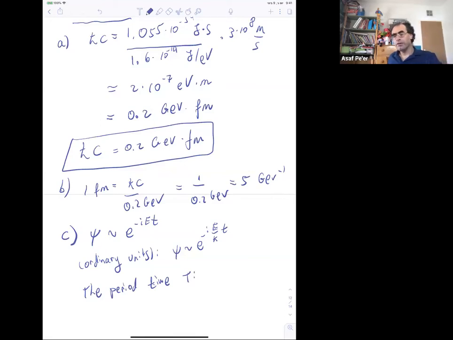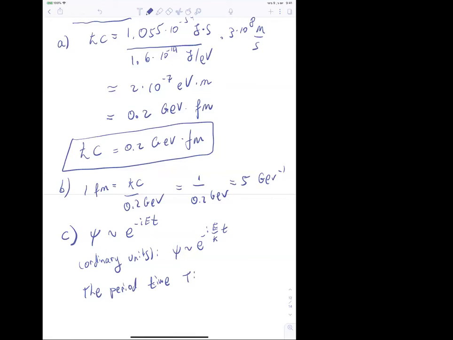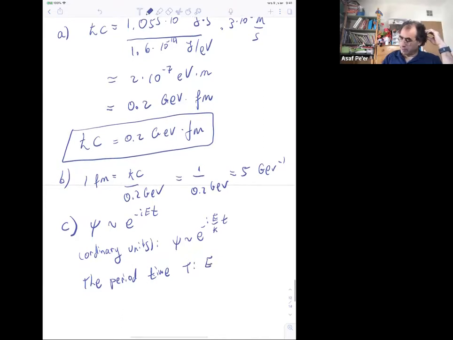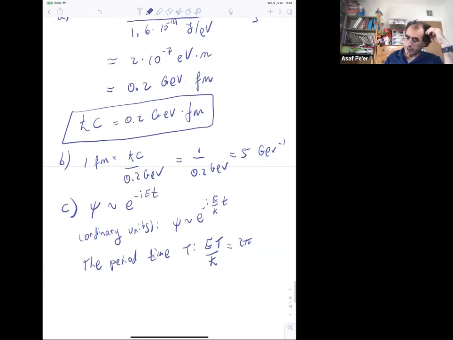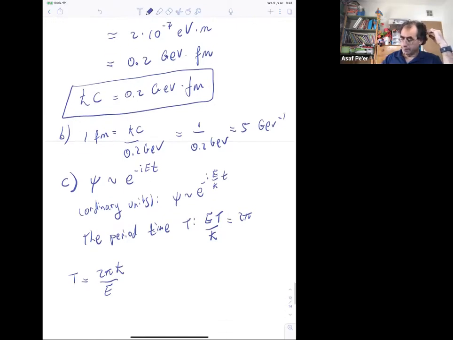It's obtained when Et over H bar equals 2 pi. So T is just 2 pi H bar divided by E. It's 2 pi H bar divided by mc squared, because we're in the particle's rest frame.